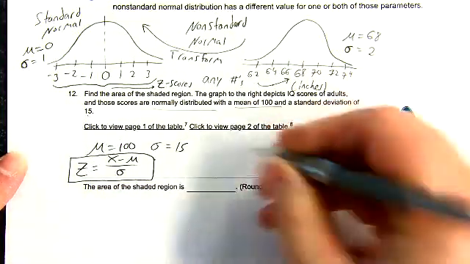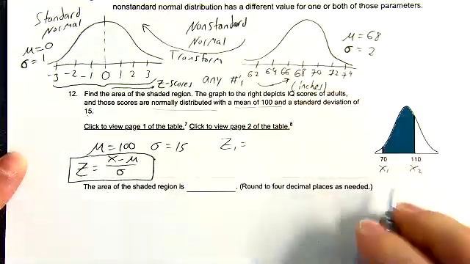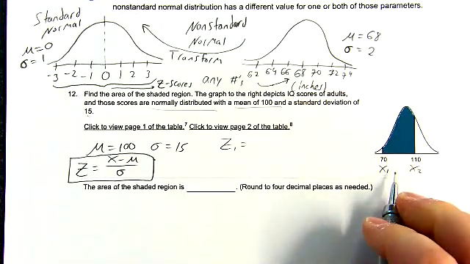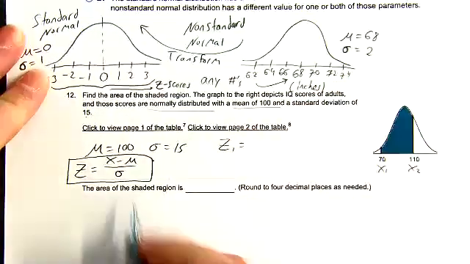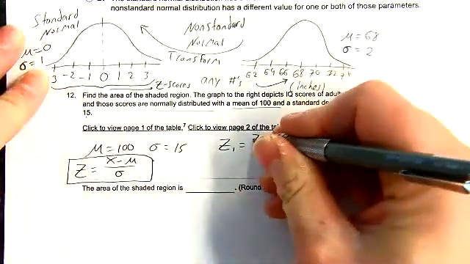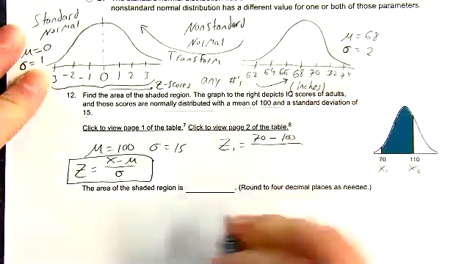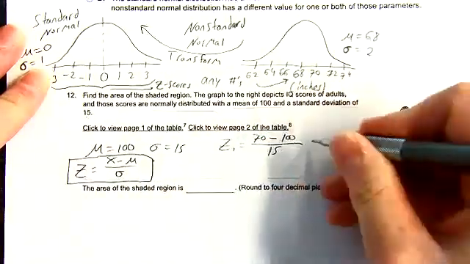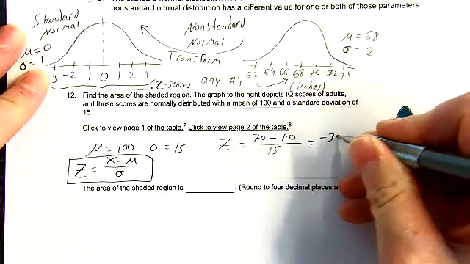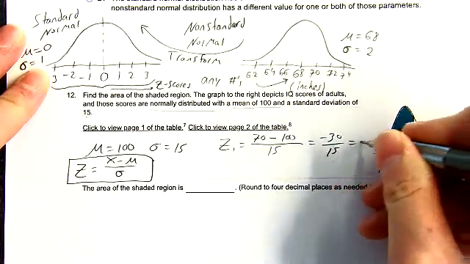So let's call this z1, which would go with x1. So it would be x1, which is 70, minus mu, which is 100, all divided by sigma, which is 15. This would be negative 30 over 15. This is minus 2.